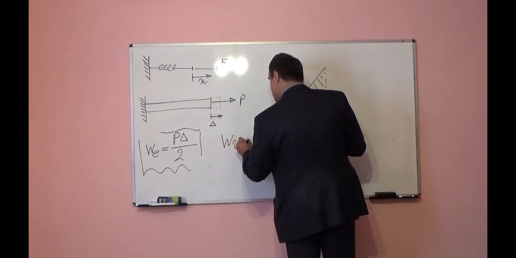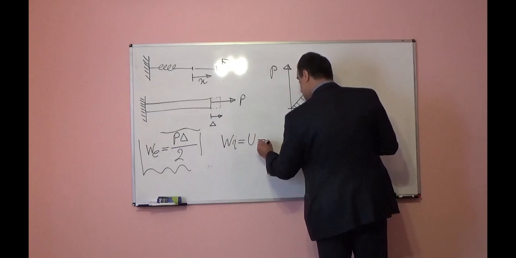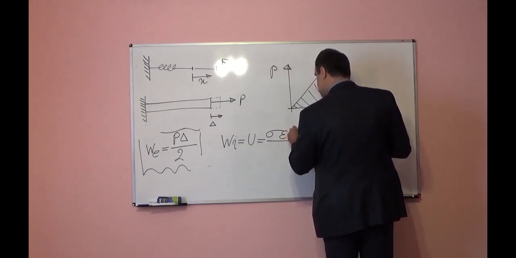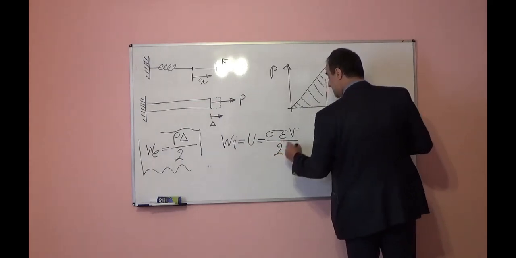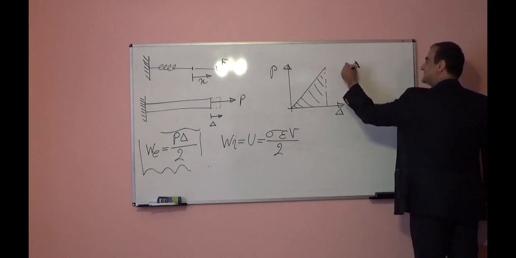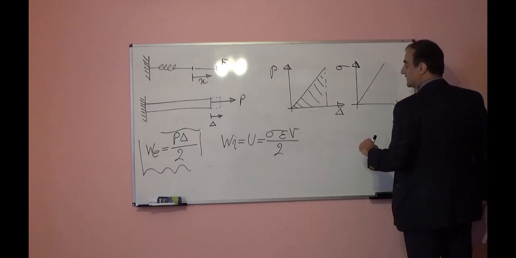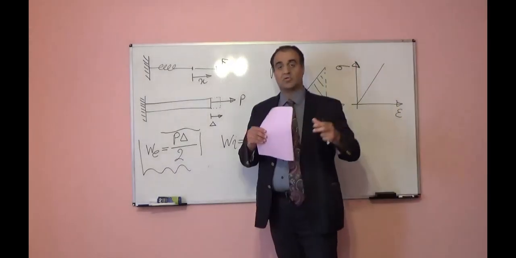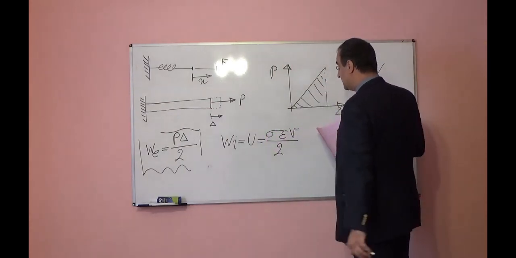Strain energy, usually shown with U, which is equal to internal work, is equal to stress times strain times the volume of that body or member divided by 2, because again for a linear elastic material, the stress-strain curve is linear. The area underneath of that will be sigma times epsilon over 2, and because it's stored in the entire volume of the body, we should multiply by the volume V.